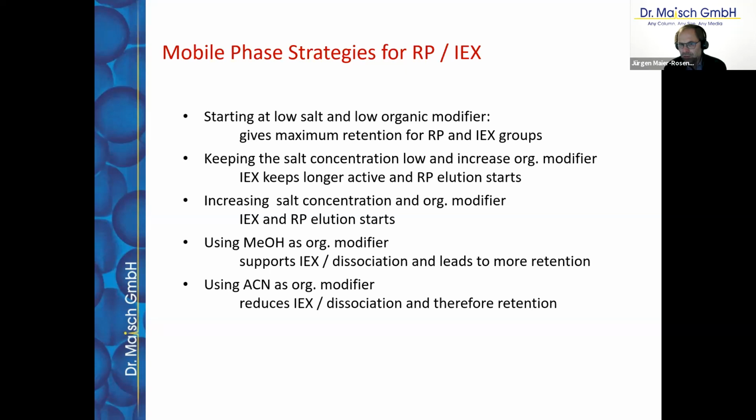If we switch to acetonitrile as an organic modifier, that reduces the ion exchange interactions because the dissociation goes back, so we have less charges, and with a lower number of charges, we have a lower retention. So if you want to support the ion exchange mechanism, you go to methanol. If you want to reduce the ion exchange interactions a little bit, you switch to acetonitrile.